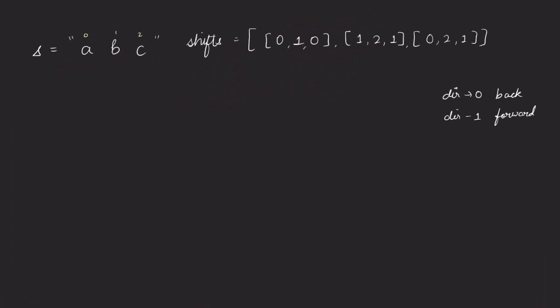Moving backward means that if I have a B, it will be changed to A. If I have a C, it will be changed to B. If I have an A, then it will be changed to Z. So we are moving them cyclically backward. And what do they mean by forward? A will be changed to B, B will be changed to C, C to D, and so on, and Z would be changed to A. That is what they mean by forward.